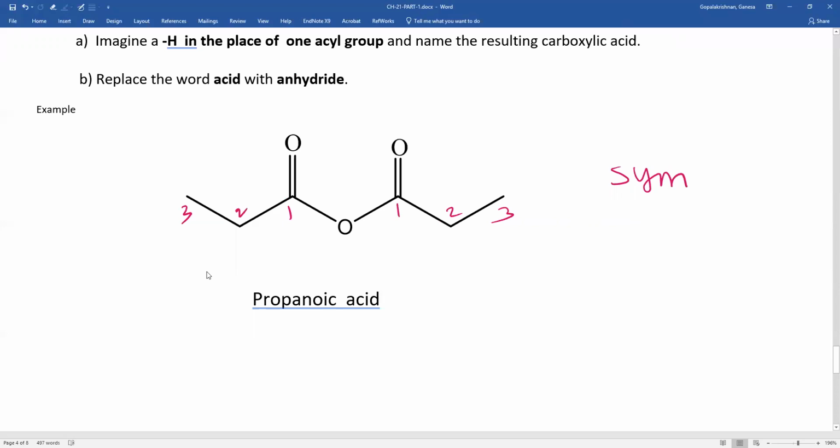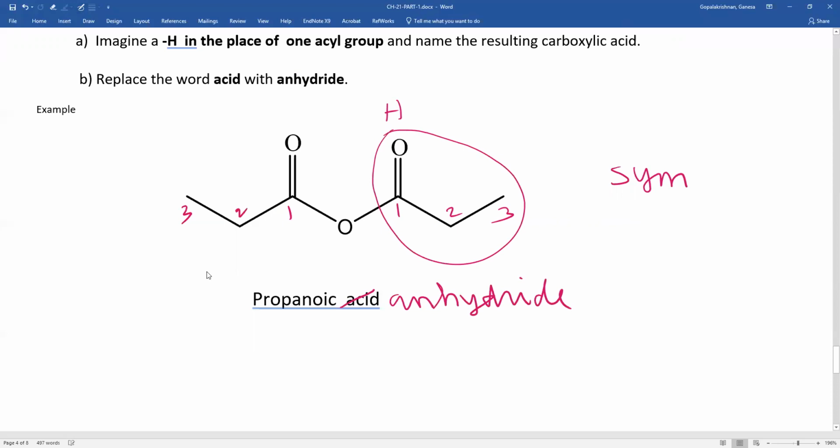If it is a symmetrical anhydride, go to one of the acyl groups, any one, left or right, and imagine a hydrogen. You see a carboxylic acid. It contains 3 carbons. Its name is propanoic acid. Just strike off the acid and write anhydride. This is propanoic anhydride.